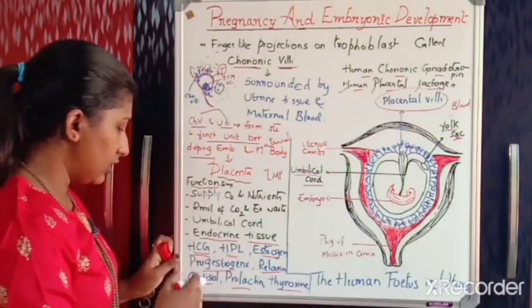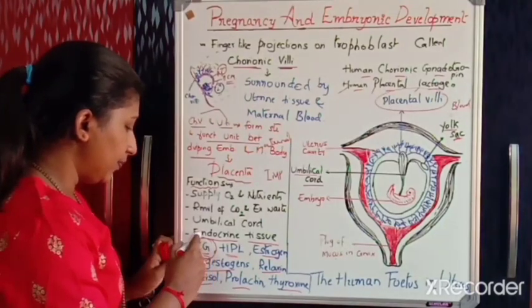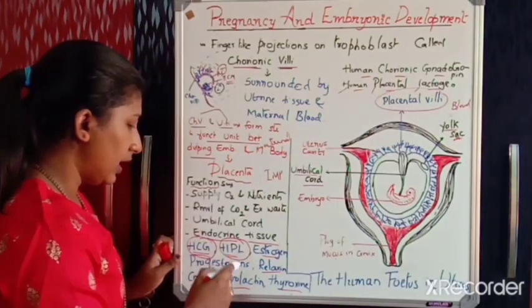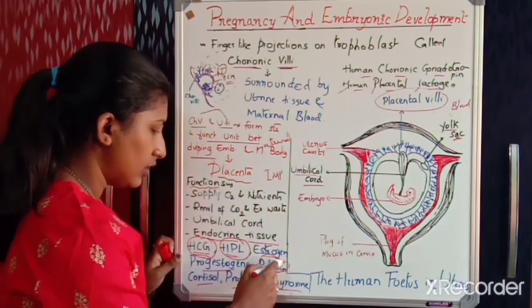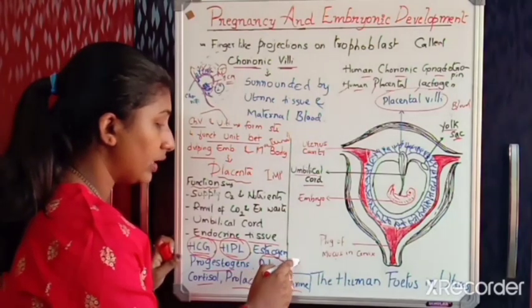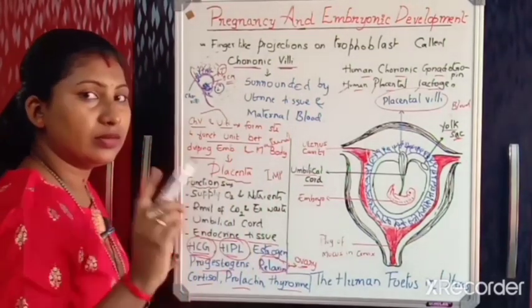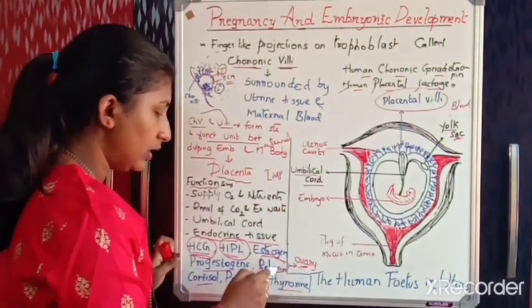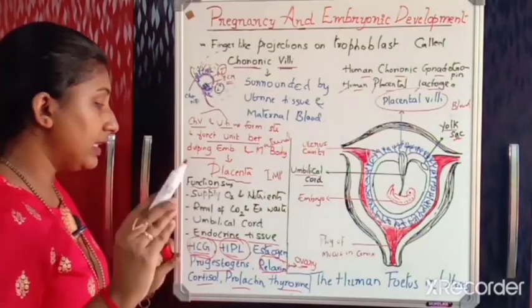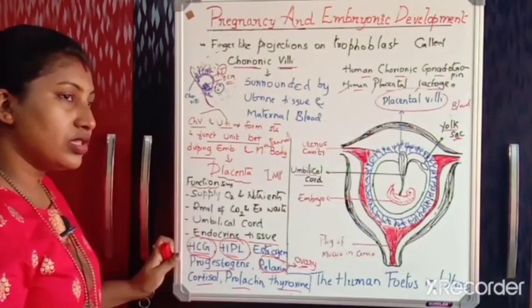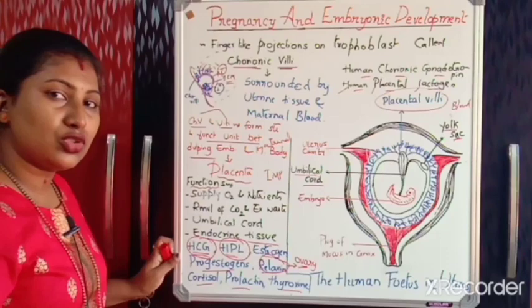So out of this, HCG, HPL, and relaxin. Relaxin is a hormone synthesized by the ovary. Remember, the ovary secretes relaxin, and this relaxin is produced in later stages of pregnancy.